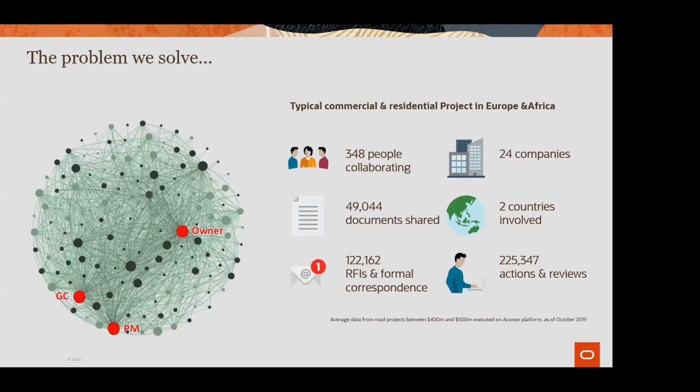If you look at the number of documents, you're looking at about 50,000 documents. The number of formal correspondence, RFIs that are sent across the organization, about 122,000 pieces of correspondence. So when you look at the volume of data, you have to get a common data environment that is efficient, that complies with the standards, and gives you the results that you need in less time.